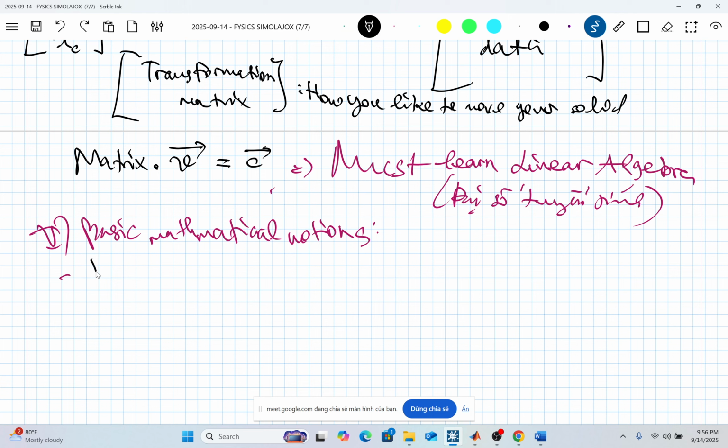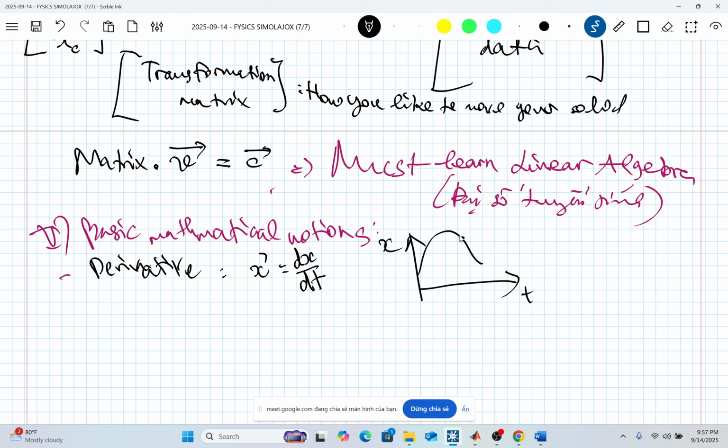The derivative is basically you measure the change of x over an infinitesimal amount of t, and it's gonna be the slope. It's gonna be the slope, right?